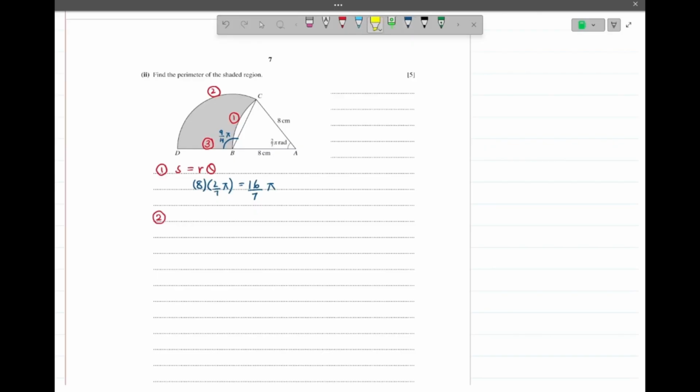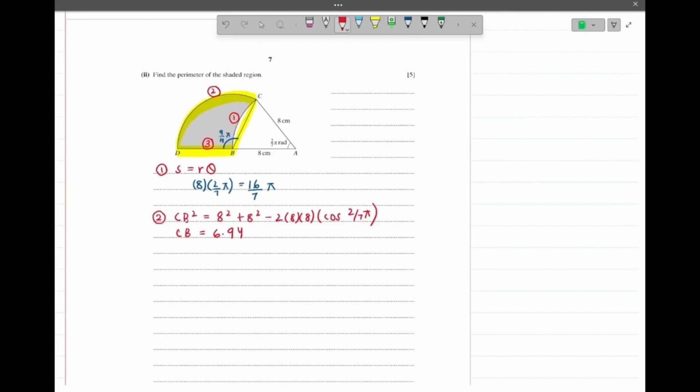So I can apply the cosine rule on this triangle to figure out CB. So let's try to do that. CB square is going to be equal to 8 square plus 8 square minus 2 into 8 into 8 into cos of 2 by 7 pi rads. If I solve it, this is going to come out as 6.94.